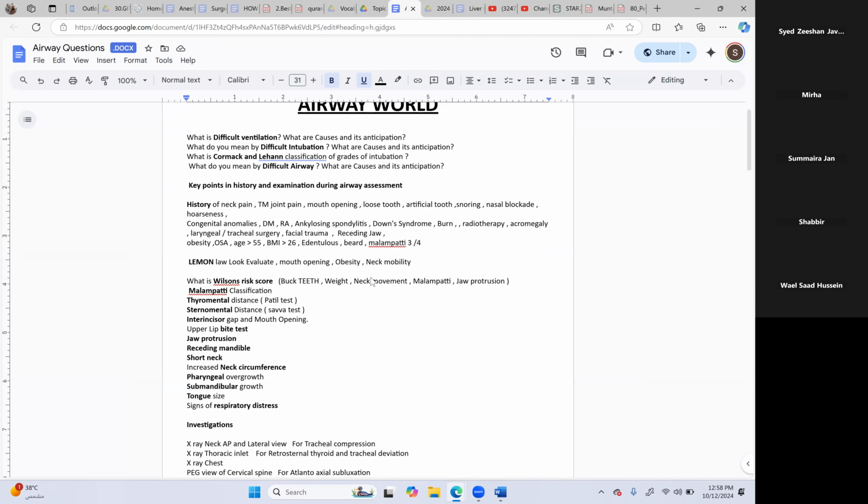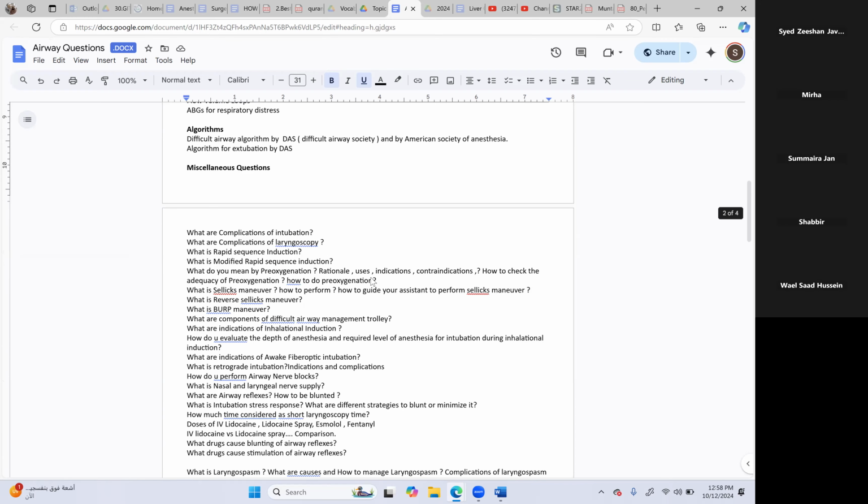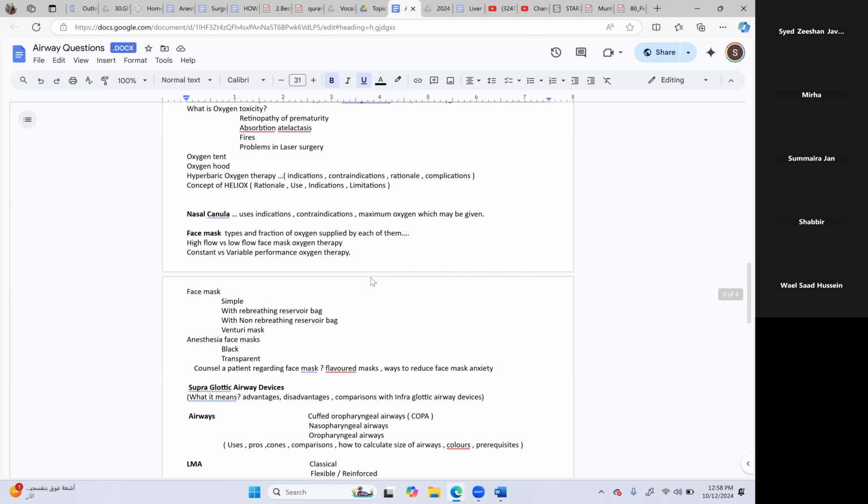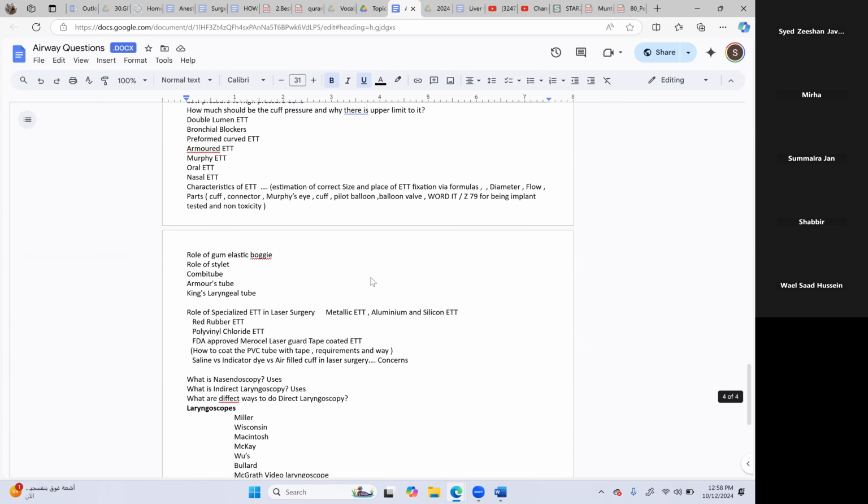For example, if a patient is edentulous, has a beard, has a big neck, has large breast tissue, has prominent teeth, has nasal obstruction, or has a problem in the neck where you are not able to position the neck in extension and flexion, all these factors might put the patient at risk of difficult mask ventilation.